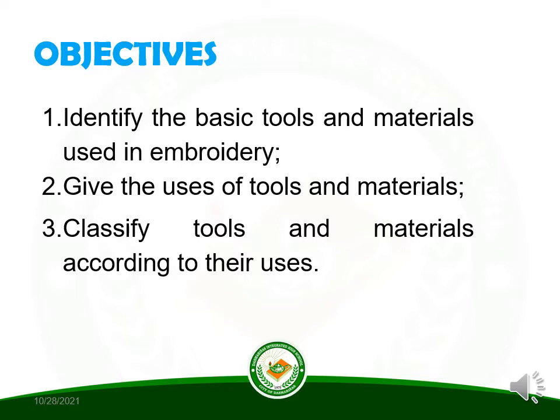Before we begin with our lesson, I will show to you some pictures to warm up your mind. Can you identify this? Correct. It's an embroidery scissor. How about this picture?